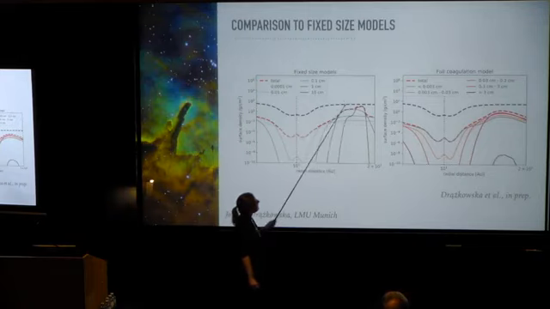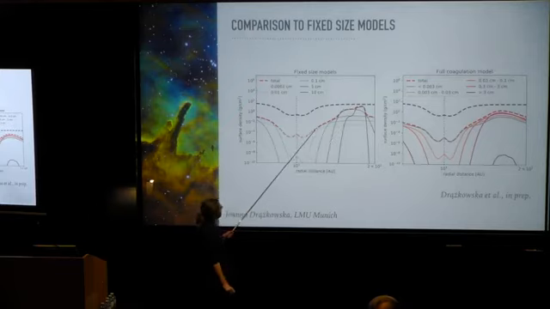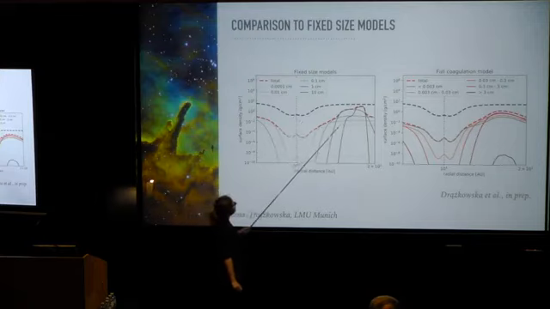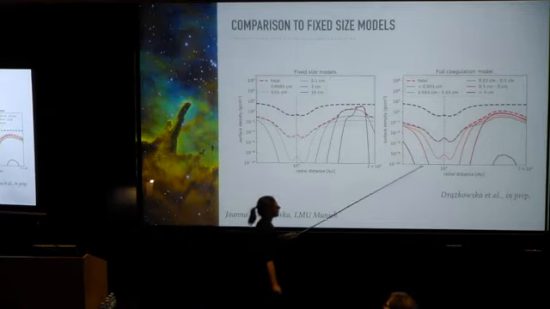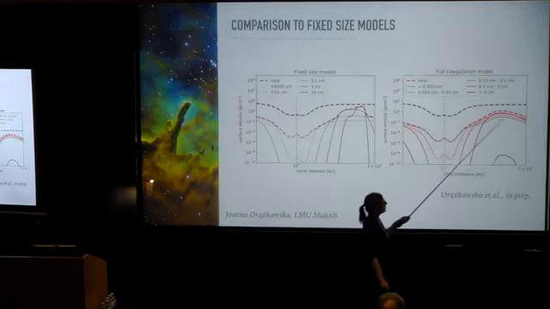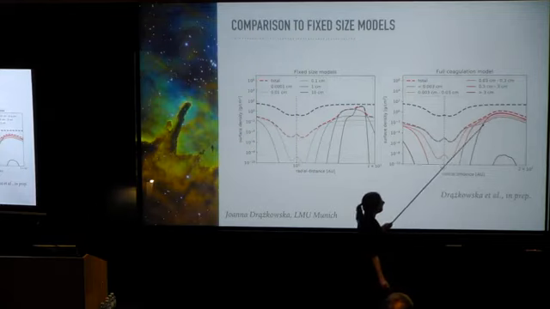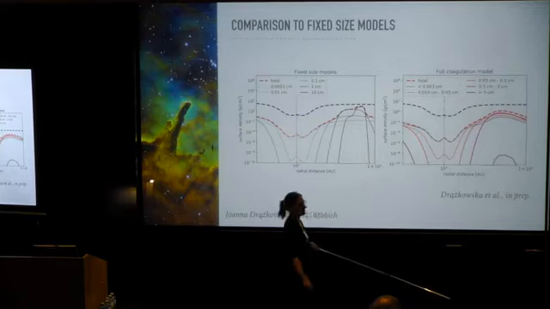In the fixed size case, the smallest grains were just following what the gas is doing, right? So you wouldn't expect any trapping for your small grains that are completely coupled to the gas. However, if you look at the full coagulation simulations, you see that there is this bump also in the smallest dust grains.